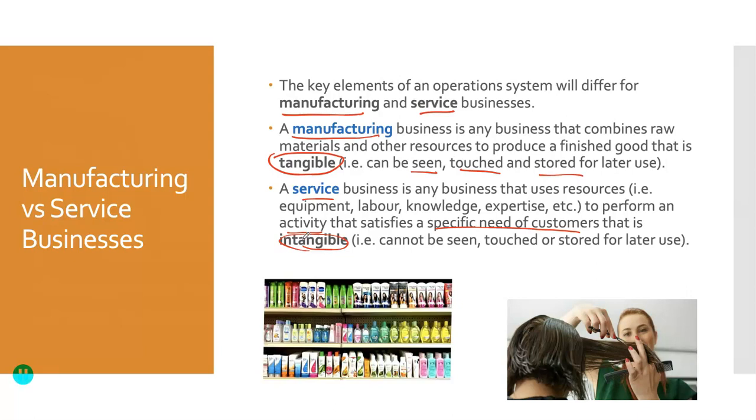That means the service cannot be seen, it can't be touched, it can't be stored for later use, and you can't walk out of a store with it in a bag. This activity might be advice or something along those lines, has met a need, and then it is completed, so it can't be stored. Those are our examples, and I want us to use that terminology when we do definitions and when we respond to questions.